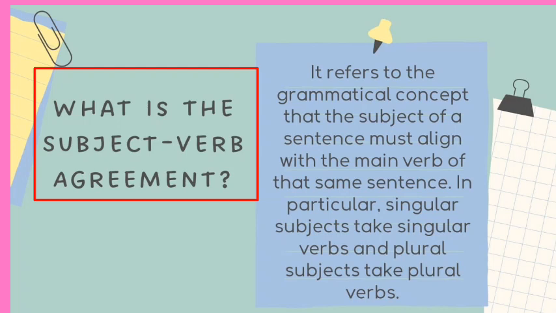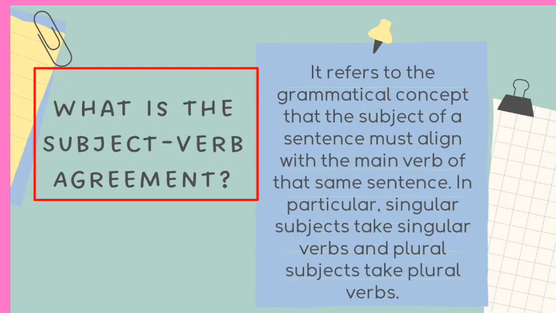Yes, that is the basic rule of SVA, and we also have some exceptions, which will be discussed later. The most common verb agreement error occurs when we lose track of the real subject of the sentence. We tend to identify the object of a preposition as part of the subject most of the time, and we choose the wrong form of the verb.